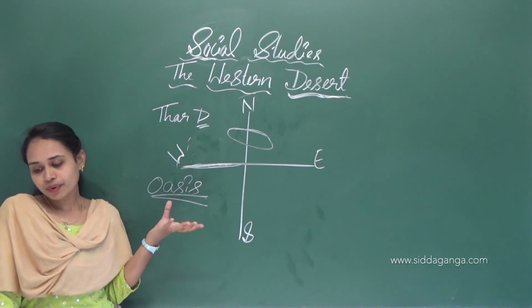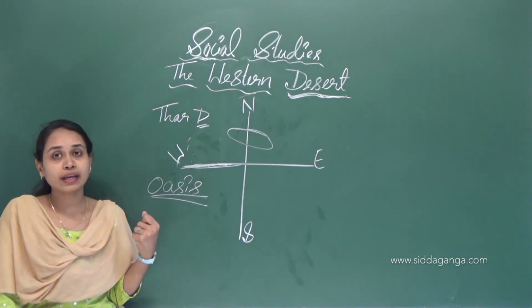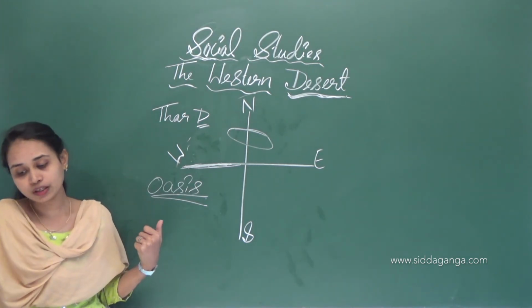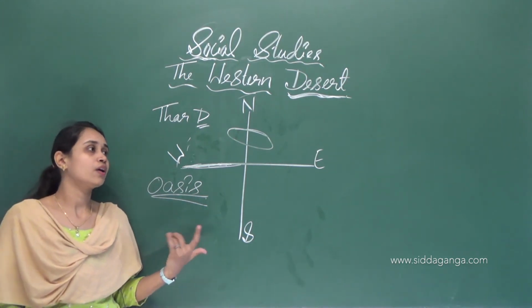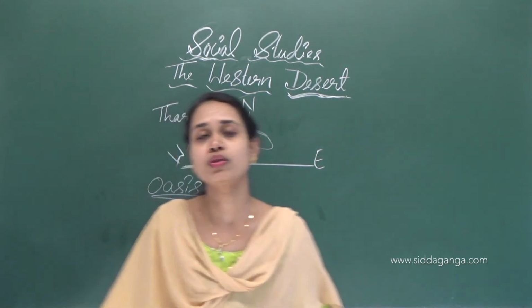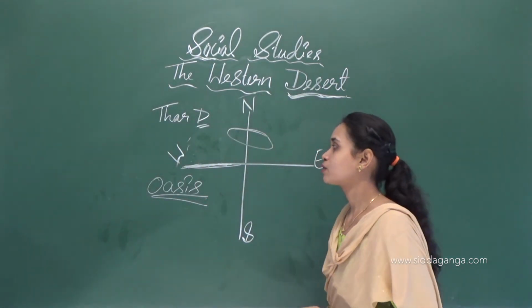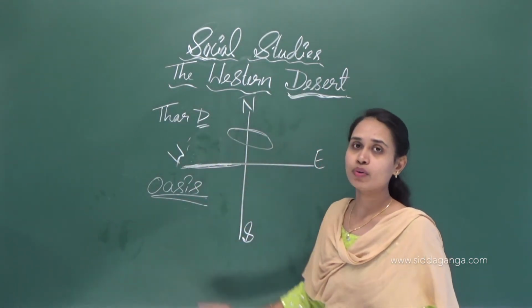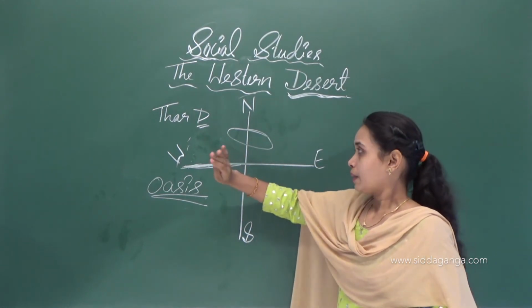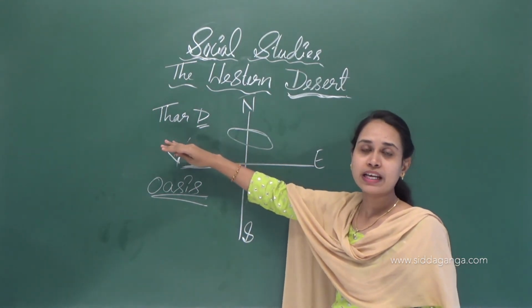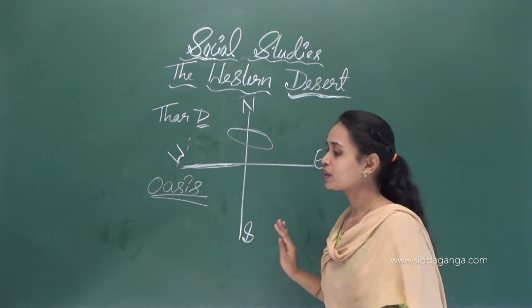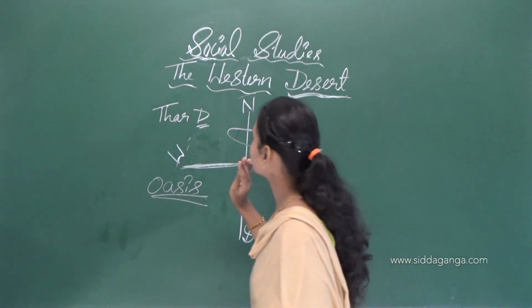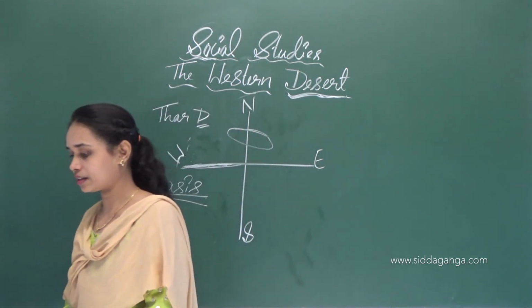A large number of tourists from all over India and all over the world visit Rajasthan every year, to see the forts and palaces. Okay, so this is all about the Western Desert.